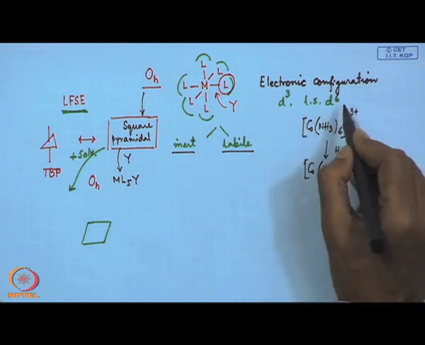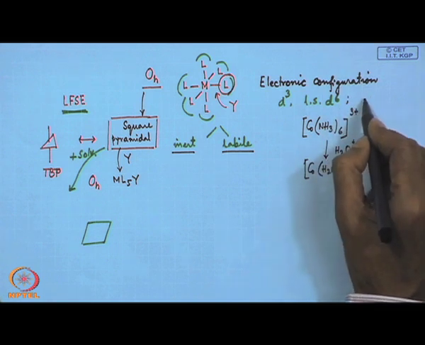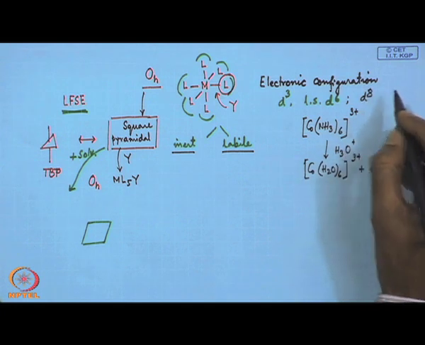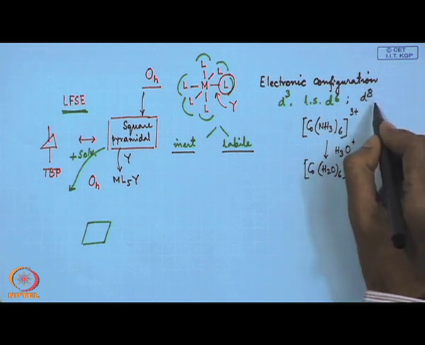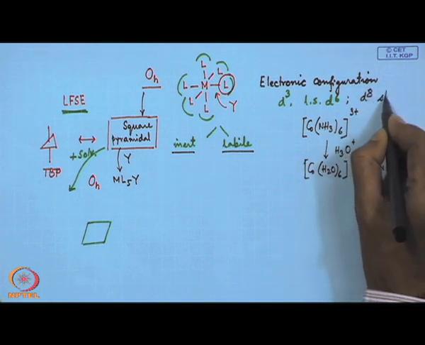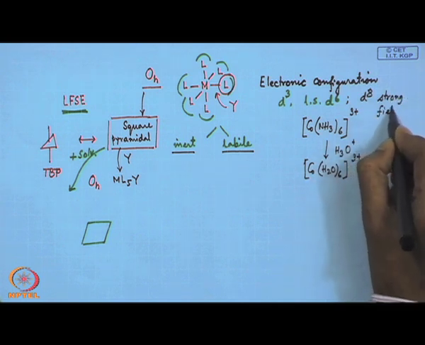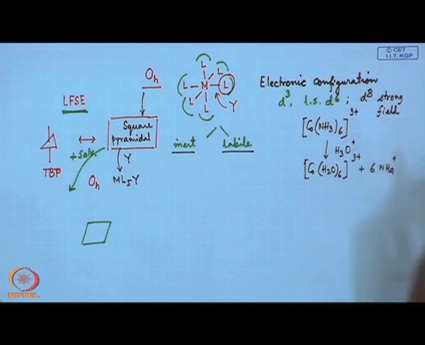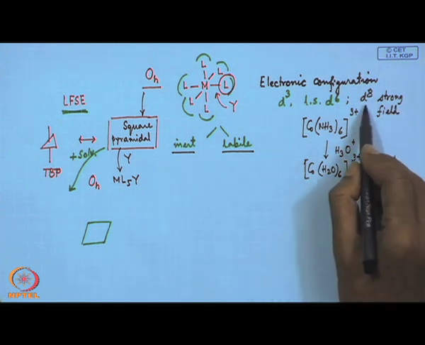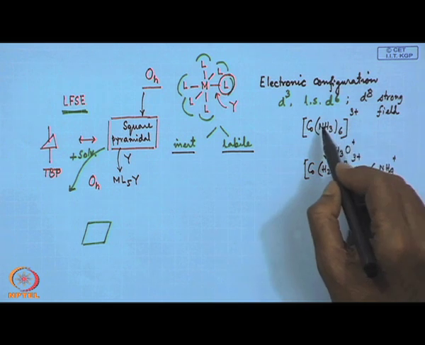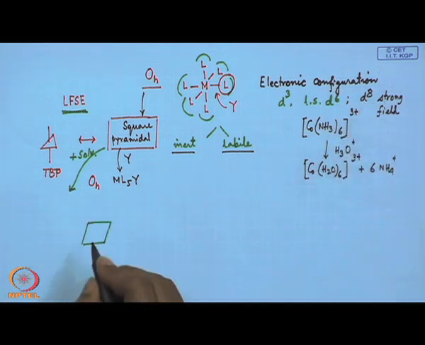And also we have the other electronic configuration, that means the corresponding d8 configuration in strong field environment. So, in strong field environment, we get again another species which is substitutionally inert, the corresponding d8 system.